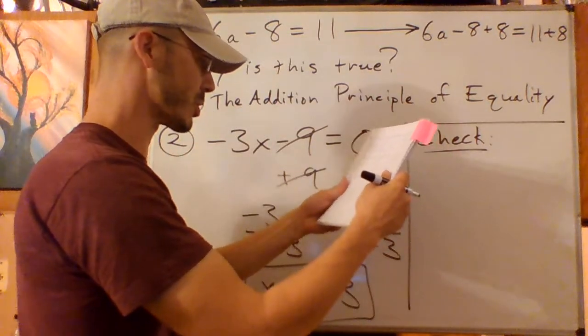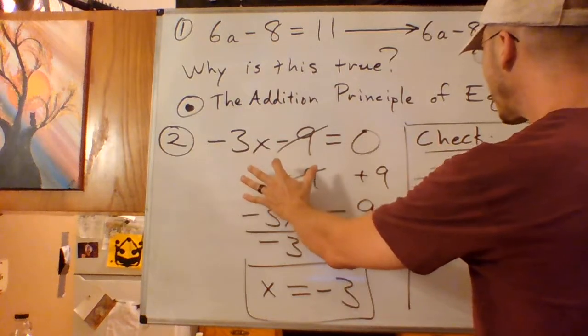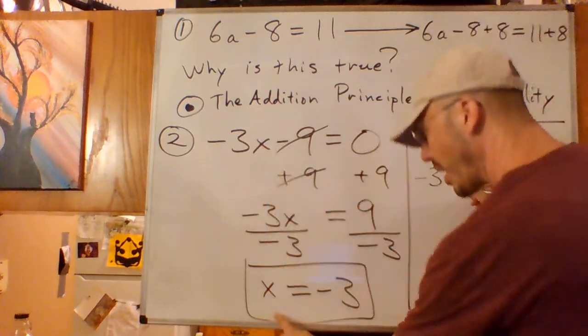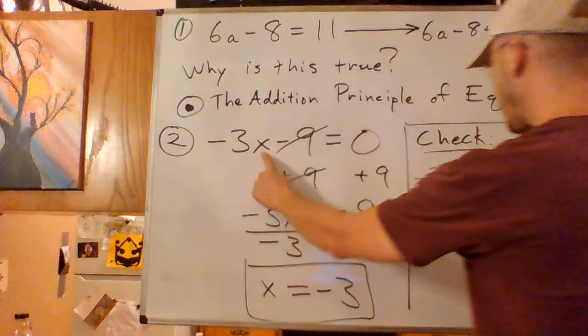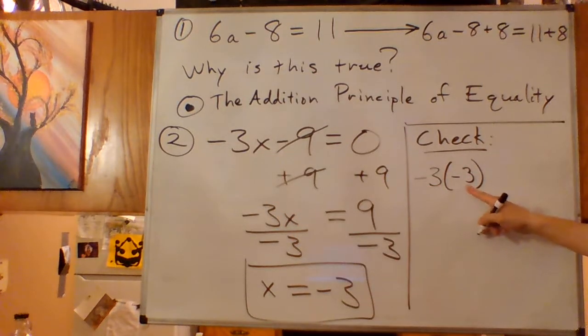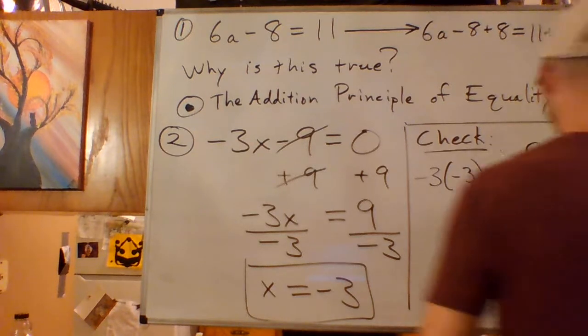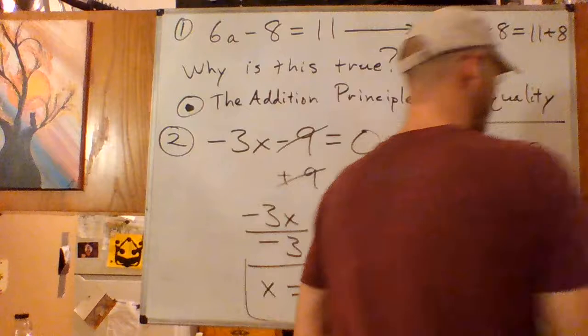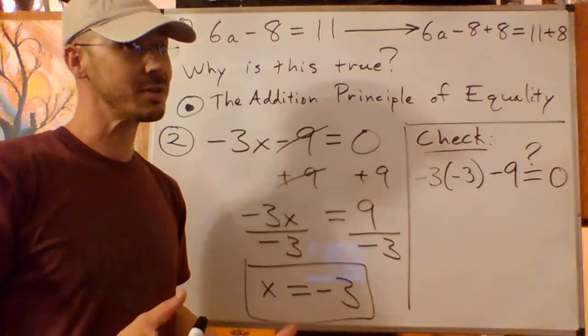We can make sure it's correct by plugging it into the original equation, negative 3 times x, where x is negative 3. So I'm substituting negative 3 in place of that x. Minus 9. And I'm going to say question mark equals 0. Is it equal to 0?